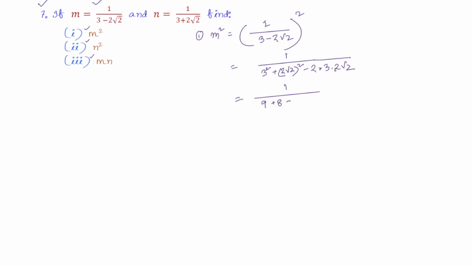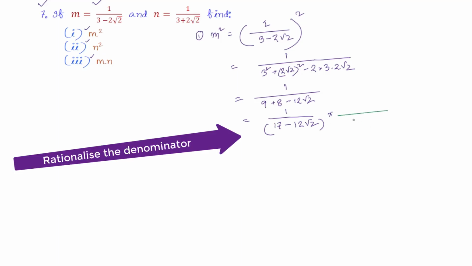Minus 2 into 3 into 6 equal to 12 root 2. So that is equal to 1 divided by 9 plus 8, which is 17 minus 12 root 2. Now here you have to do the rationalization. So you multiply by 17 plus 12 root 2.